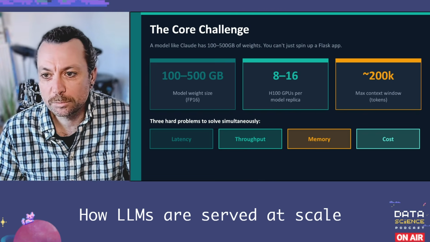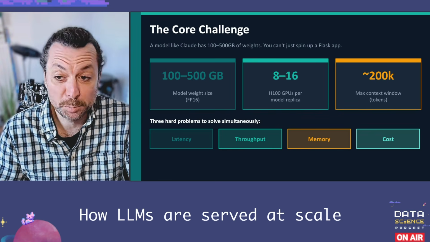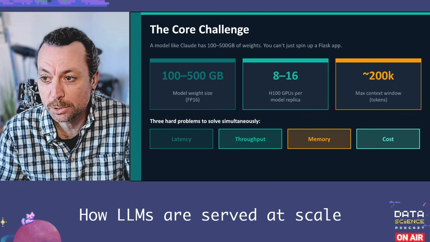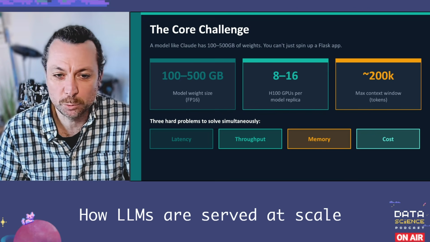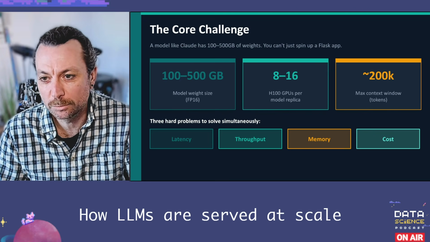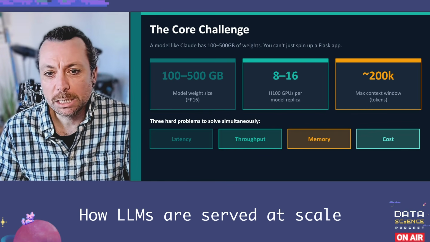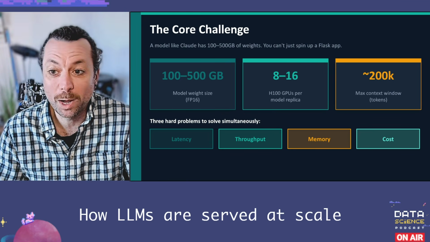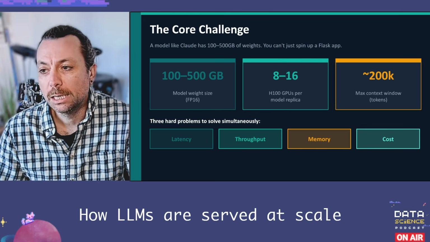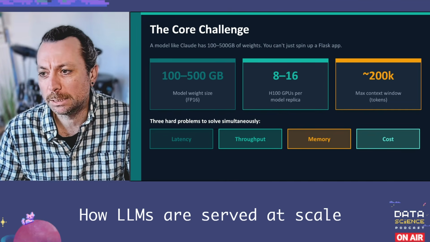Then we have, of course, the hardware aspects, which is typically NVIDIA H100 GPUs. Each model typically has between 8 and 16 GPUs at its disposal. And what I'm saying here is essentially the specs of one single node, right? I will explain a bit what a node is in a minute.